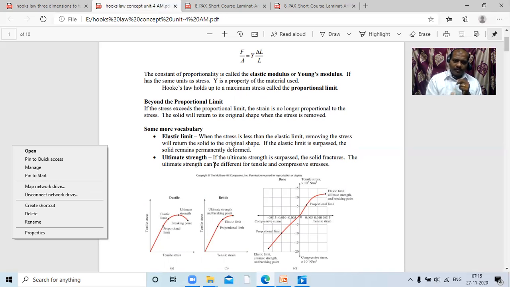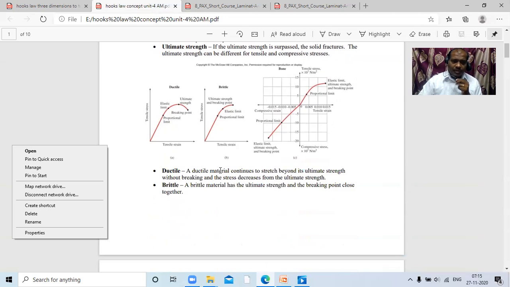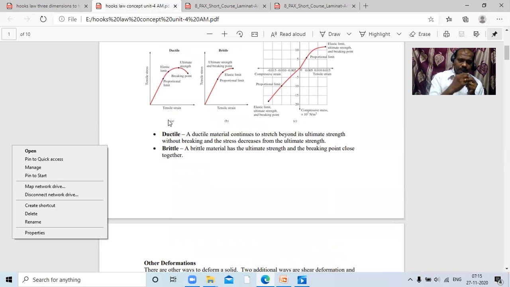The same concept applies to the elastic limit and proportionality limit. If you observe these two graphs here, this is the tensile strain and this is the tensile stress. This is called the proportionality limit. This is called the elastic limit. This is the ultimate strength, and this is called the breaking point.